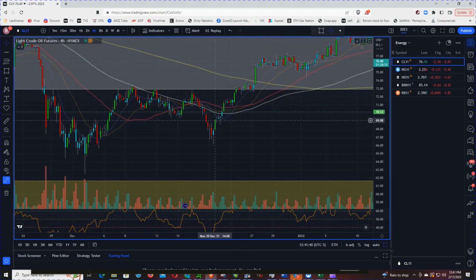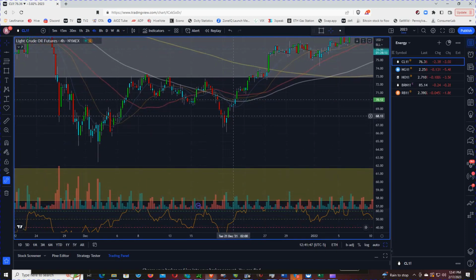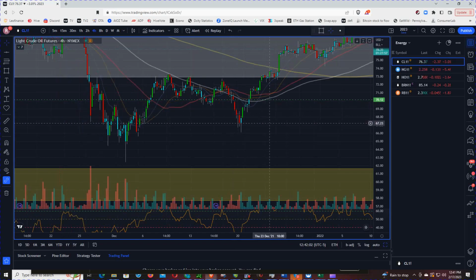Not in love with this structure here at 69. No, definitely not in love with it because the structure occurred during the overnight session, and there's not a lot of volume in the overnight session.